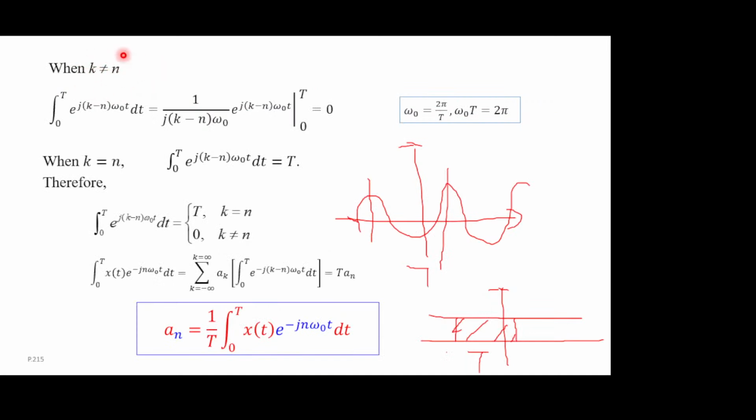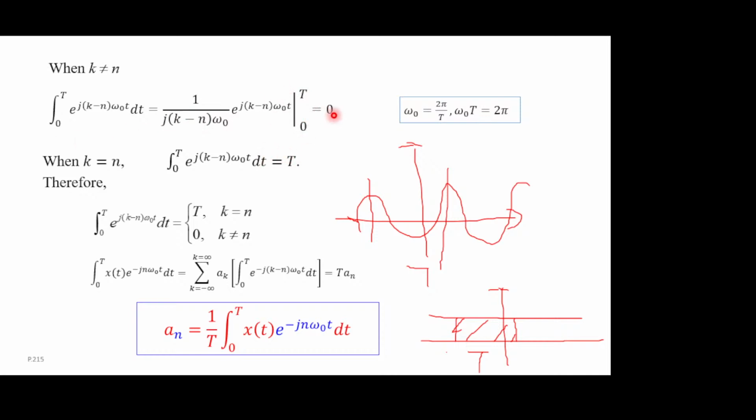If k is not equal to n, then this is some exponential, and when we integrate an exponential, we get 1 over the coefficient, times the exponential. Because we basically have e to the a t, then it's 1 over a times e to the a t. And the upper and lower limits will be big T and 0.